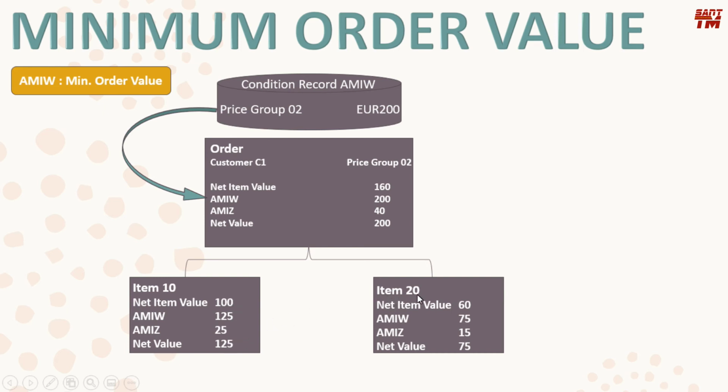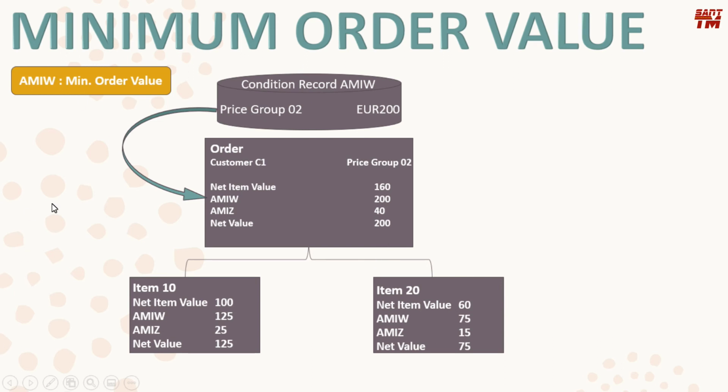And similarly in item number 20 the net value is 60 euros. AMIW says 75 euros is the minimum order value. So AMIZ says 15 euros of surcharge would be additionally billed to this 60 euros and total net value would be 75 euros. And this 125 plus 75 will total up to this net value of 200.